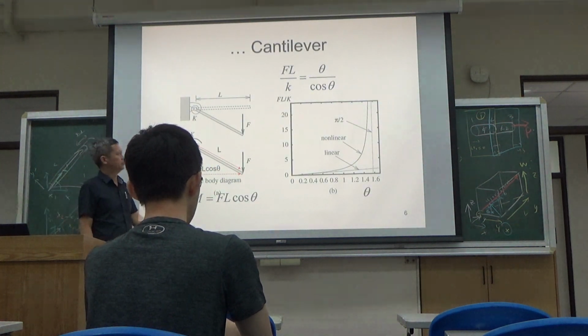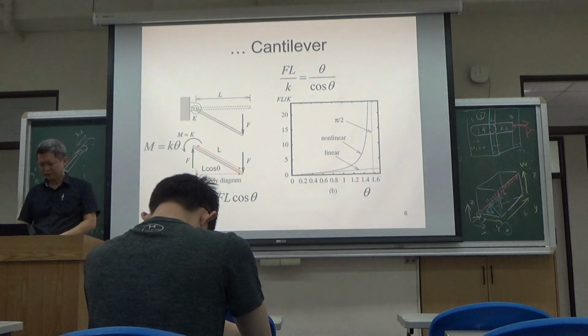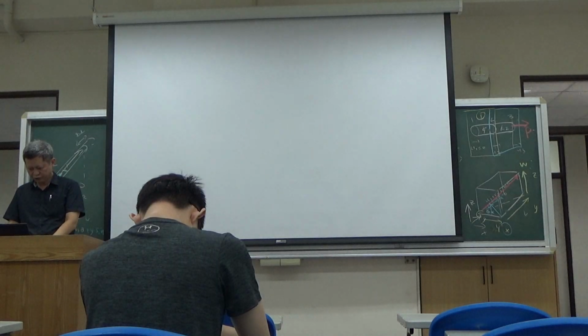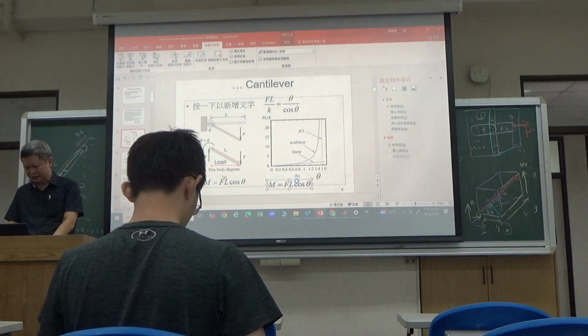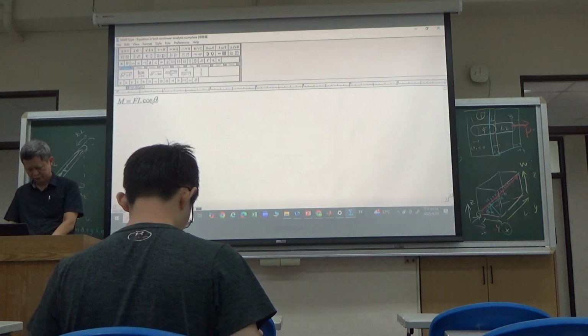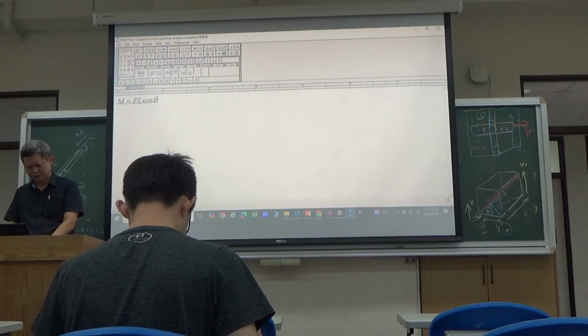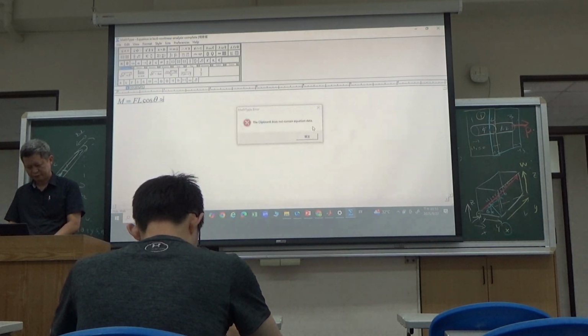Okay. So the previous model is what was the previous model? The previous model is assuming theta is small. This is approximated to FL.